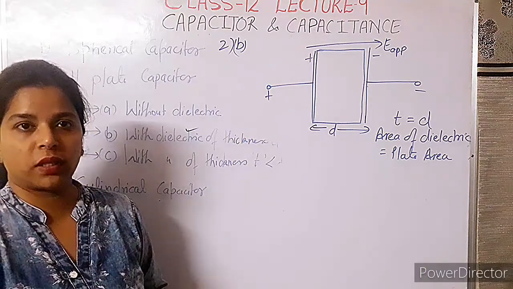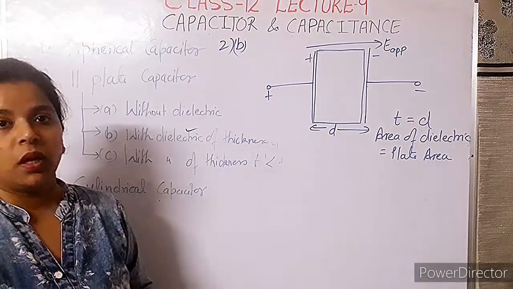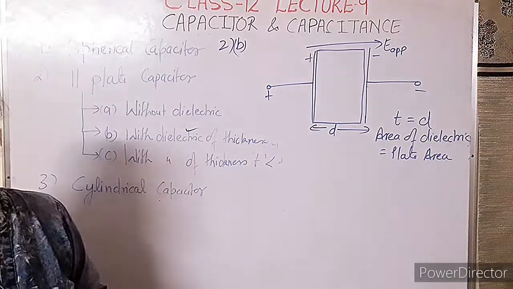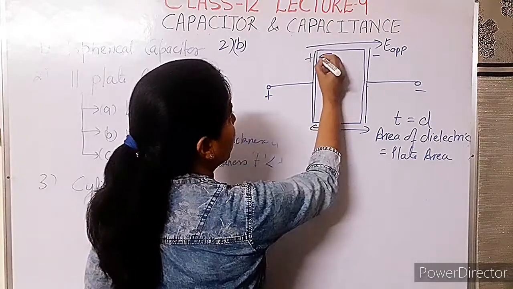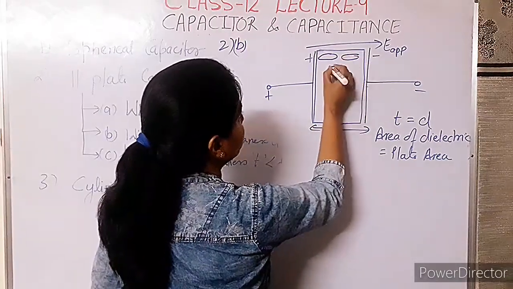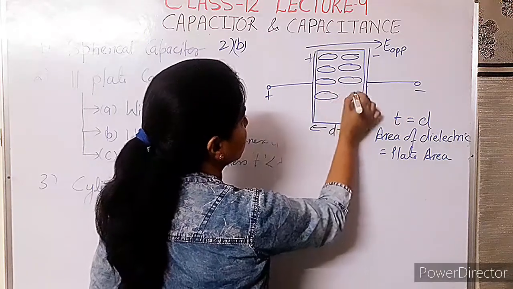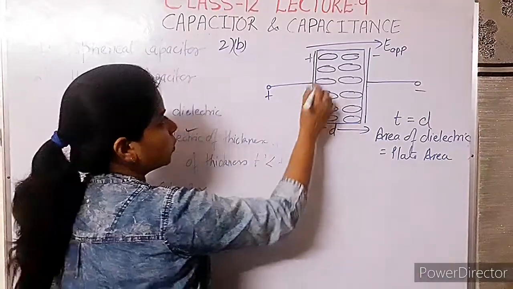All the polarization vectors, or we can say the dipole moments of all the molecules, should be in the direction of the applied field. So this is the effect of the applied field. Each and every molecule is polarized.